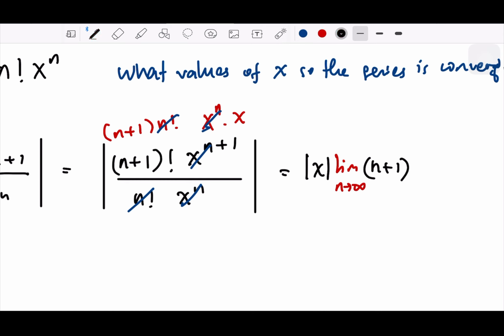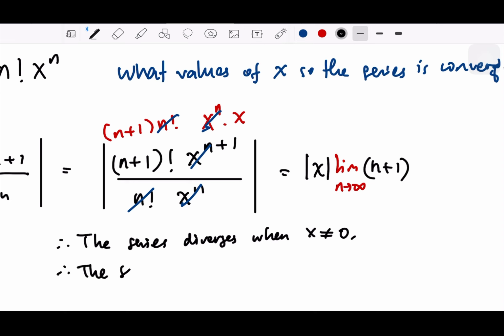So we can conclude the series diverges when x is not 0, and the series converges only when x is 0.